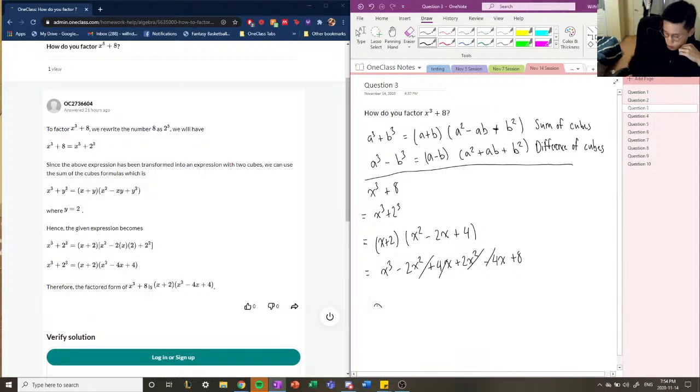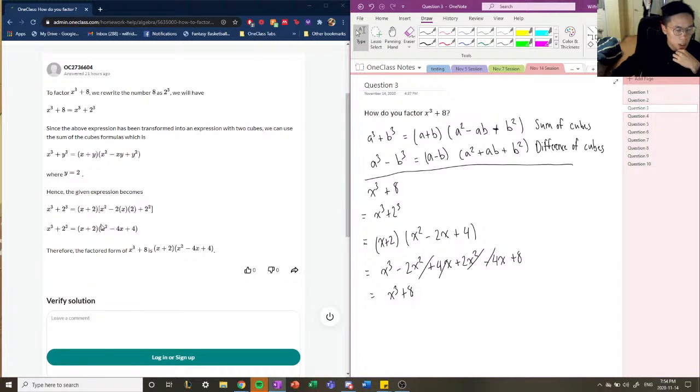So we get x cubed plus 8. Cool. And the reason why I expanded it is because the junior tutor solution is actually incorrect here.